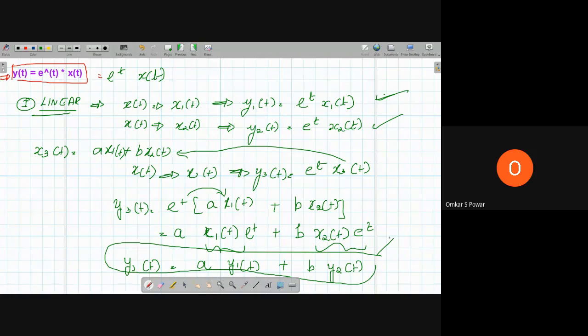This satisfies superposition, therefore it is linear. So this is a best example to demonstrate stability. I have taken this example as I showed you earlier, so I wanted to take this e power t. So the first one was linearity.